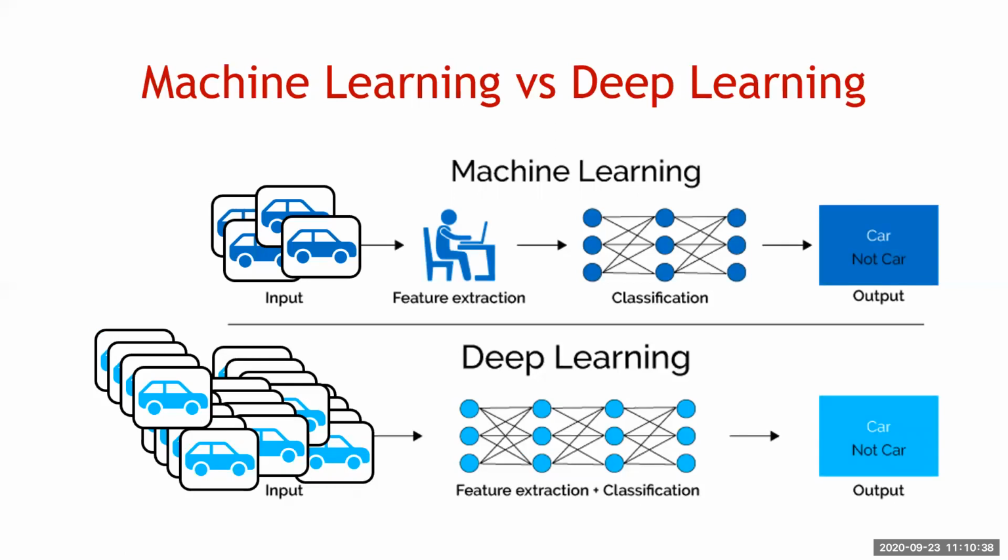For deep learning, the feature extraction is folded into the classification network, but you need a lot more data to be able to do this. That's the main difference there.